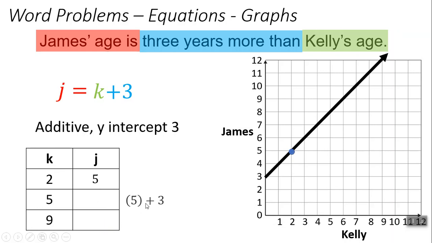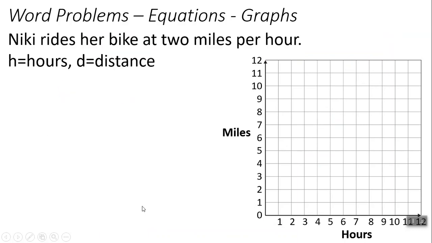If I do 5 plus 3, it's 8. Is 5, 8 on this? Yes, 5 and 8. If Kelly's 5, James is 8. It does line up. If Kelly is 9, and you add 3 to it, you get 12. So if Kelly's 9, he's 12. 9 and 12 are on the line. We're going to move on.